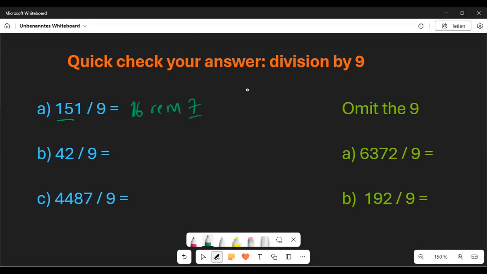In this case, you want to take your time and check your answers. Like I said, every time you divide a number by 9, the remainder is equal to the sum of the digits.